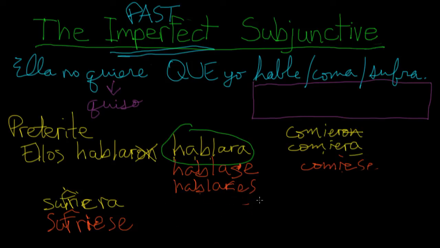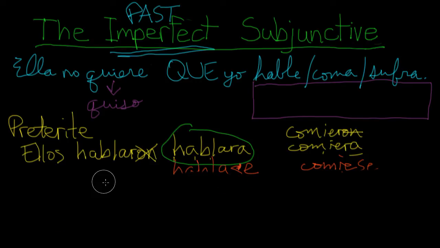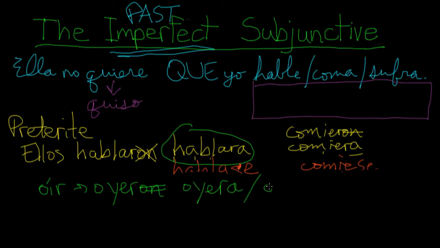They come from the preterite, not surprisingly this time around, and they're completely regular. For example, if we take a verb like oír, the ellos form is oyeron with a y. We just do the same old thing. We drop the on and add an a, oyera. And the other form would be oyese, as I said.